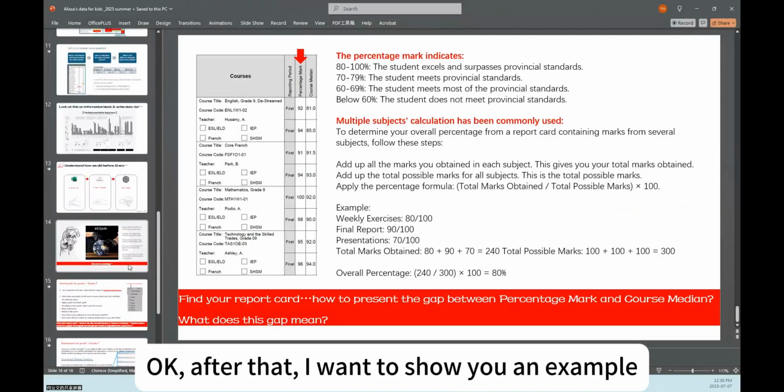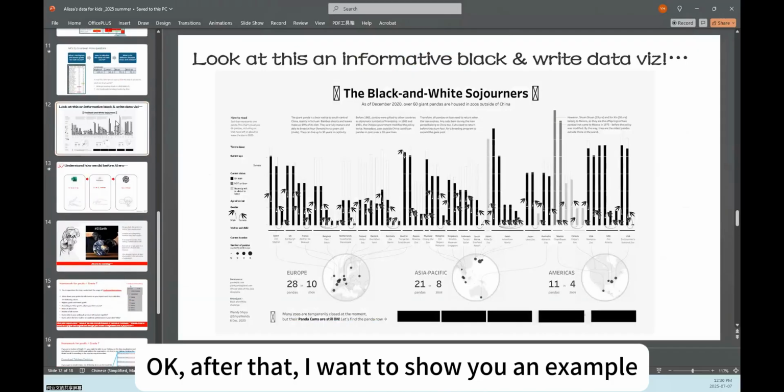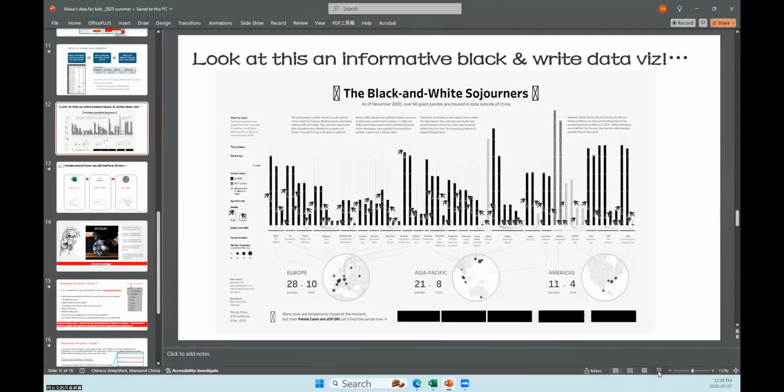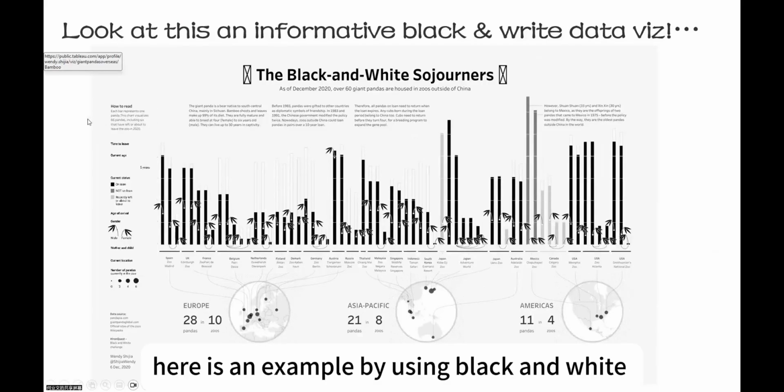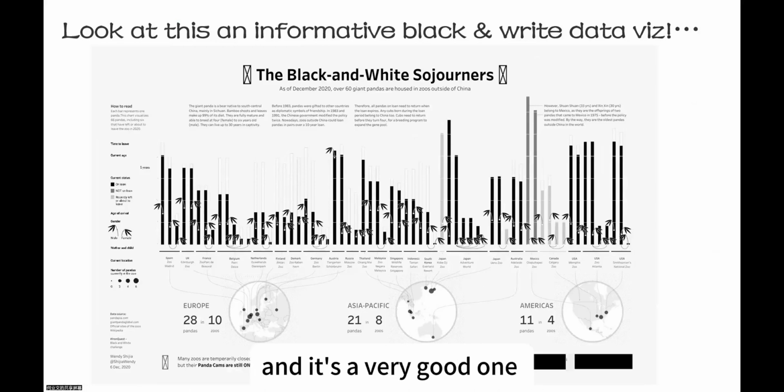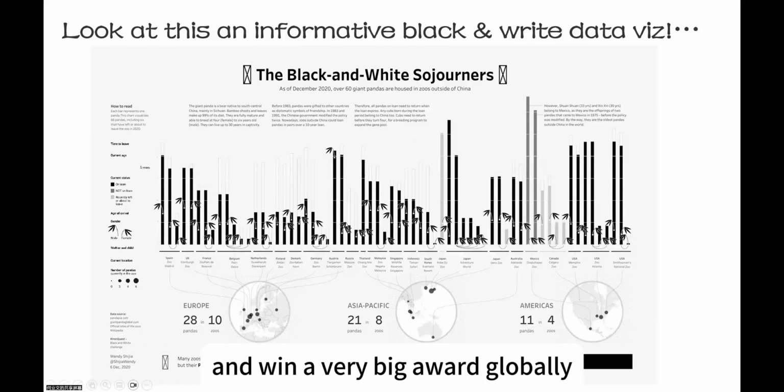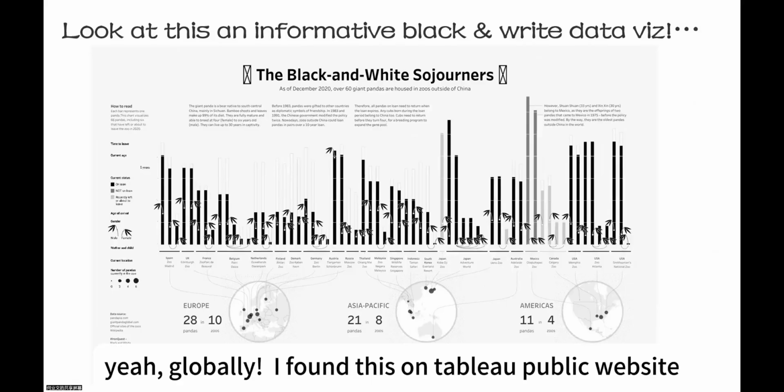Okay, after that, I want to show you an example. Here is an example using black and white, and it's a very good one and won a very big award globally. Yeah, globally.